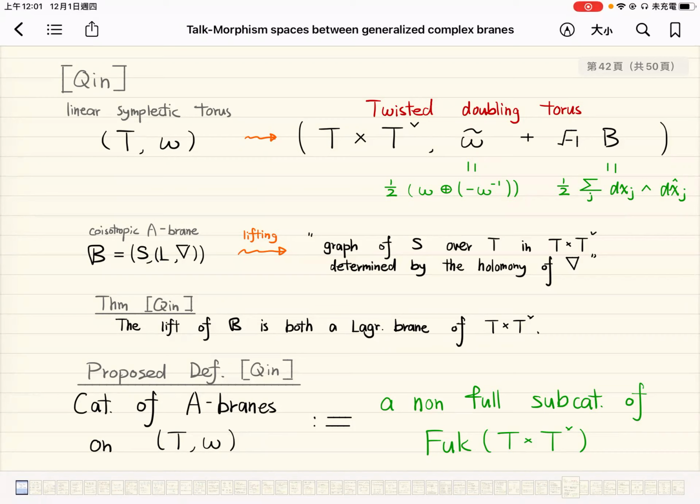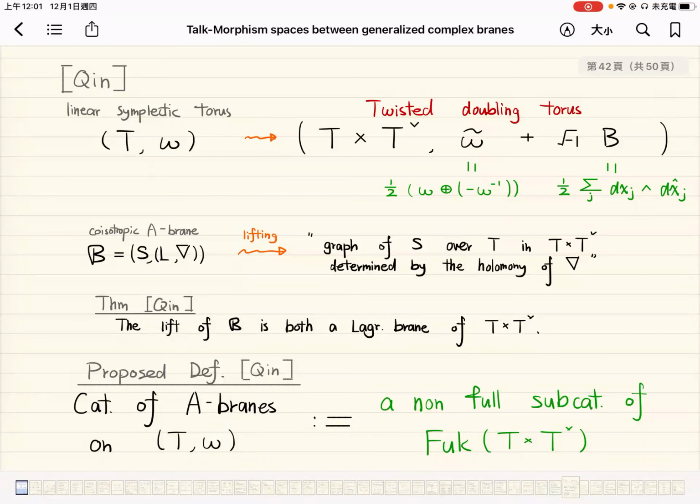Then he tried to double this space to a so-called twisted doubling torus. So the twisted doubling torus is the direct sum of T and the dual torus, T dual, and it is equipped with a symplectic form omega tilde, but also with the presence of a B field, B here. So there are some definitions for the omega tilde and B.